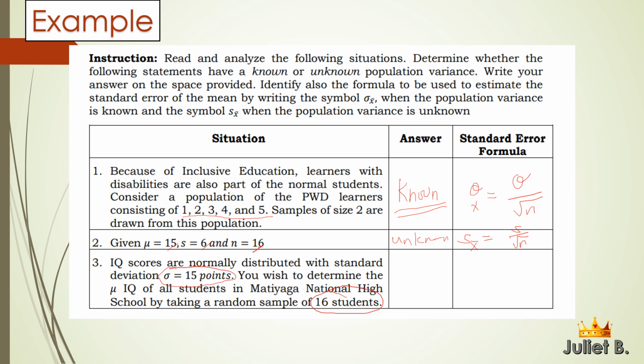So in this time, since given ang ating standard deviation, meaning to say, pwede nating makuha ang variance. So may variance siya. Kasi alam natin na standard deviation is always the square root of the variance. So, multiplying 15 to itself, makukuha natin si variance. So, dito, the variance here is known.